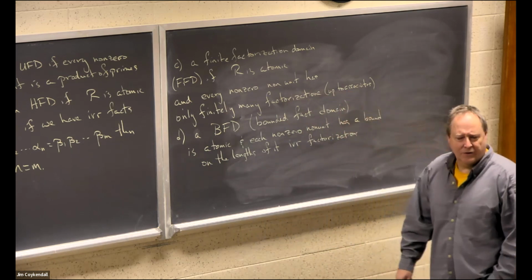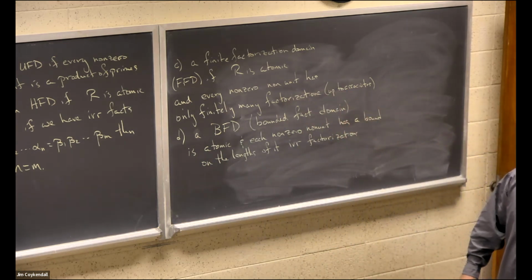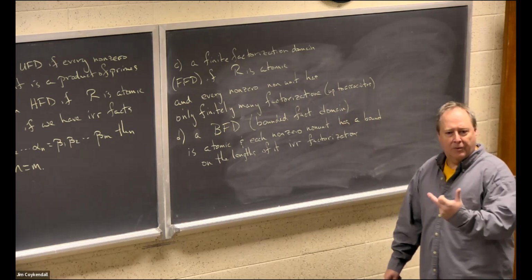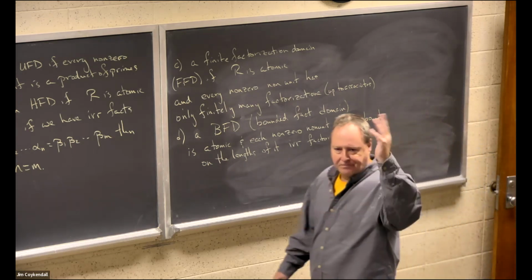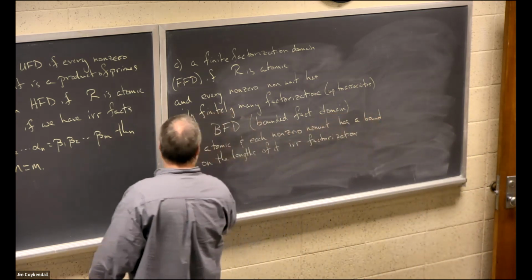It might have a lot of factorizations actually, but there's a bound on the length. Right, like this element has no more, any irreducible factorization has no more than 20 irreducible factors.